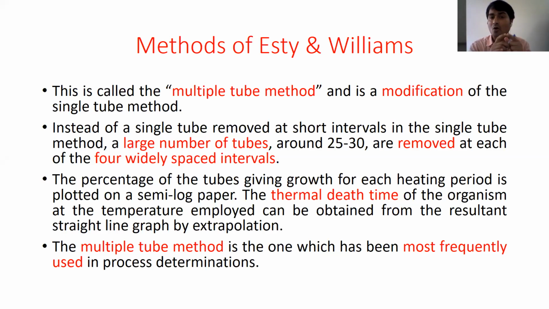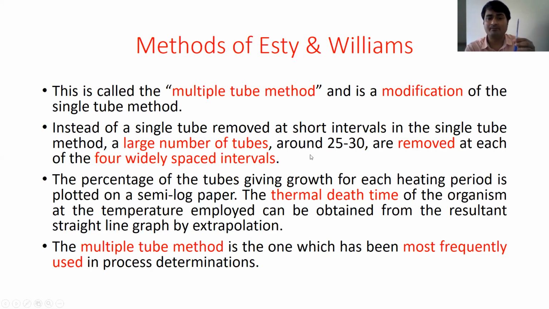But here, in the method of Ball and Williams, we are taking a large number of tubes, say 25 to 30 tubes, so our result will be more accurate compared to the method of Bigelow and Ball, because there we were taking only one tube, which could give us a false result, but here we will not face that kind of problem.